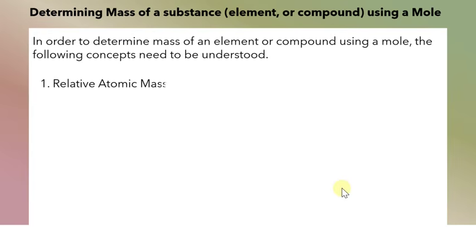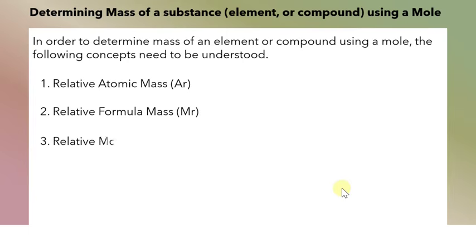You need to understand relative atomic mass, which is represented by capital A subscript r. Then also relative formula mass, which is represented by capital M subscript small r. Then also you need to understand relative molecular mass, which is represented by capital M and the subscript small r. Then you also need to understand molar mass, which is represented by capital double M.